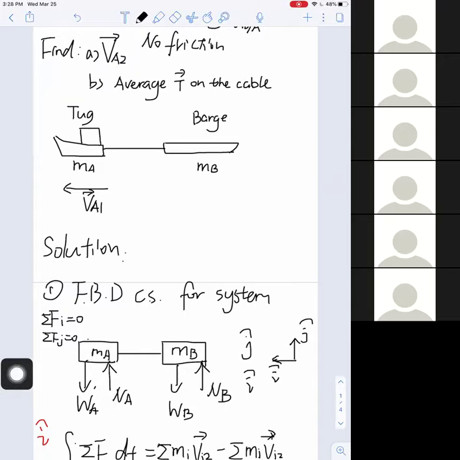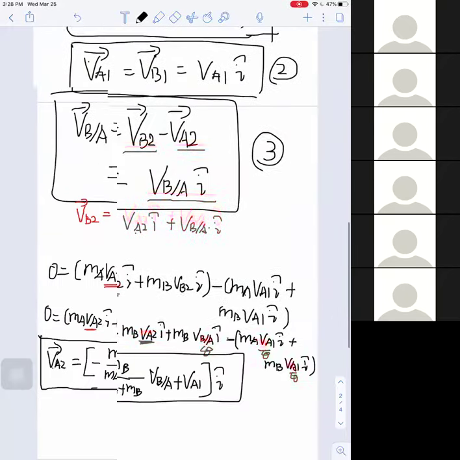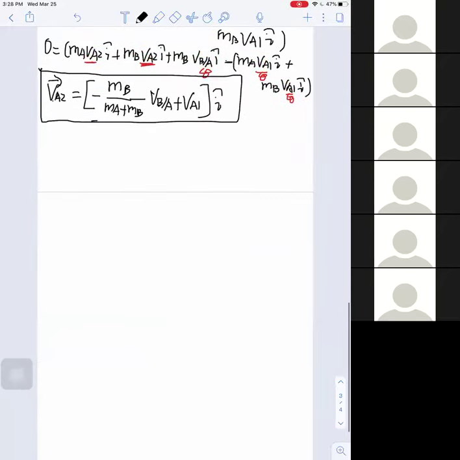So in order to solve for the tension force in the cable, you need to only take one mass to analyze in order to expose that tension force. So for part 2, what we need to do is only look at one boat. In this case, we can look at boat A, that's a tugboat.